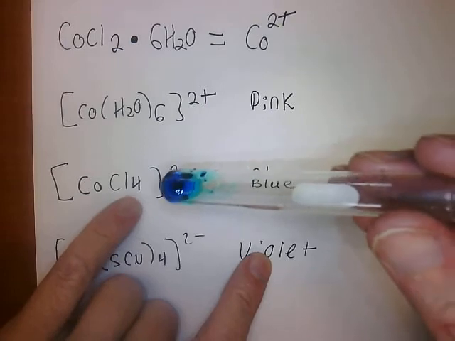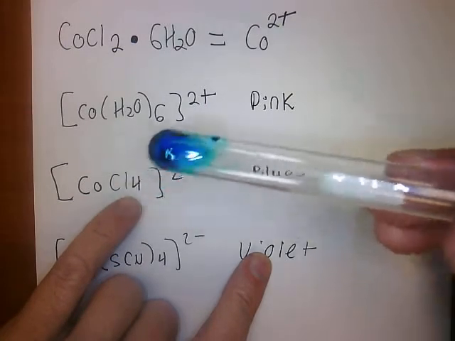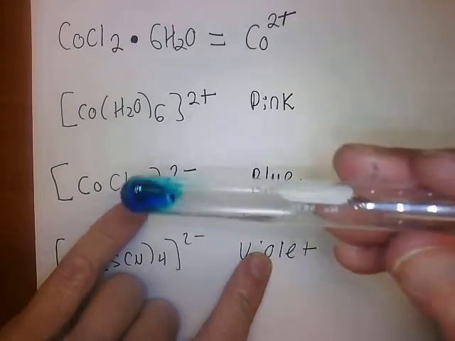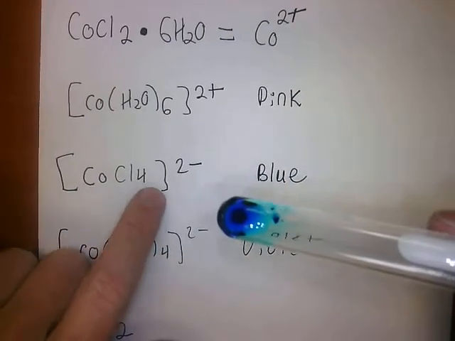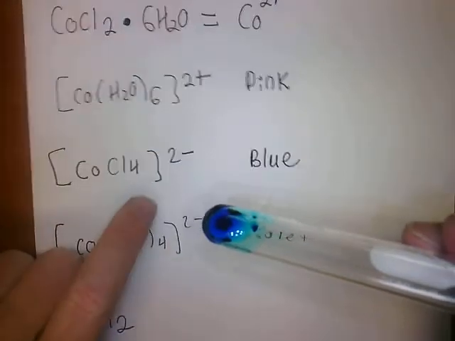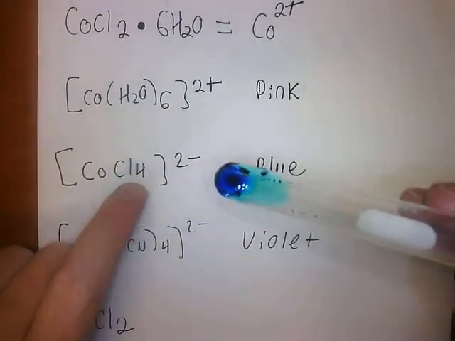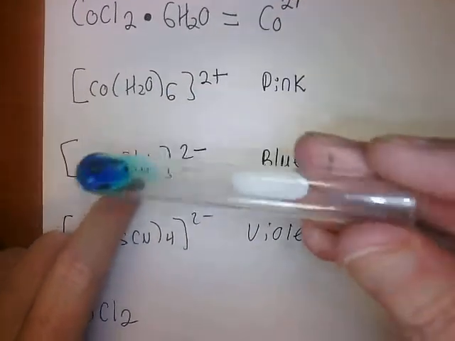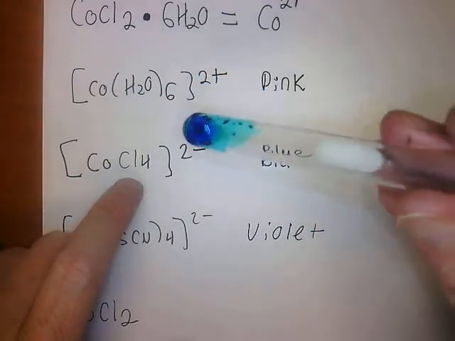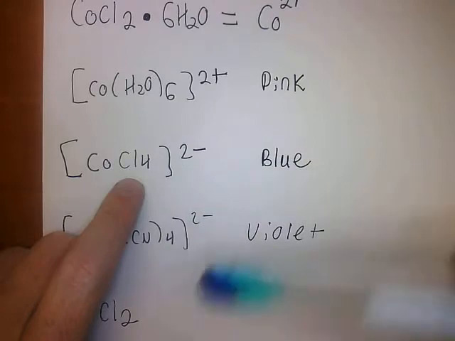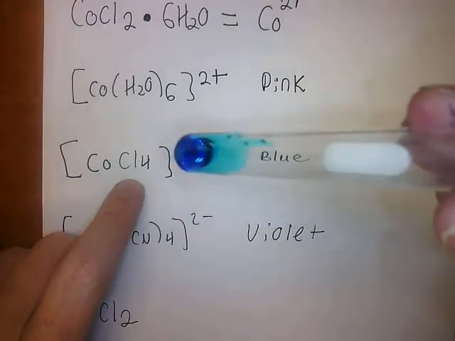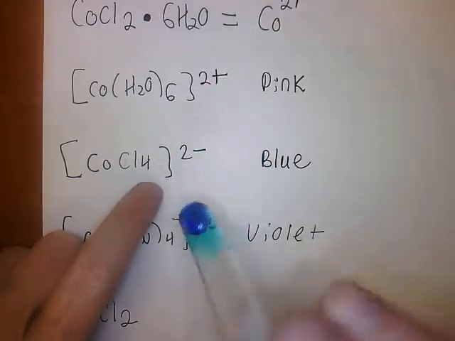Definitely an intense blue color. And note also that this is a tetrahedral compound, because there's only four ligands. Six here, this is octahedral. This is tetrahedral. No precipitate. If we shook this long enough, it'll eventually all go into solution.